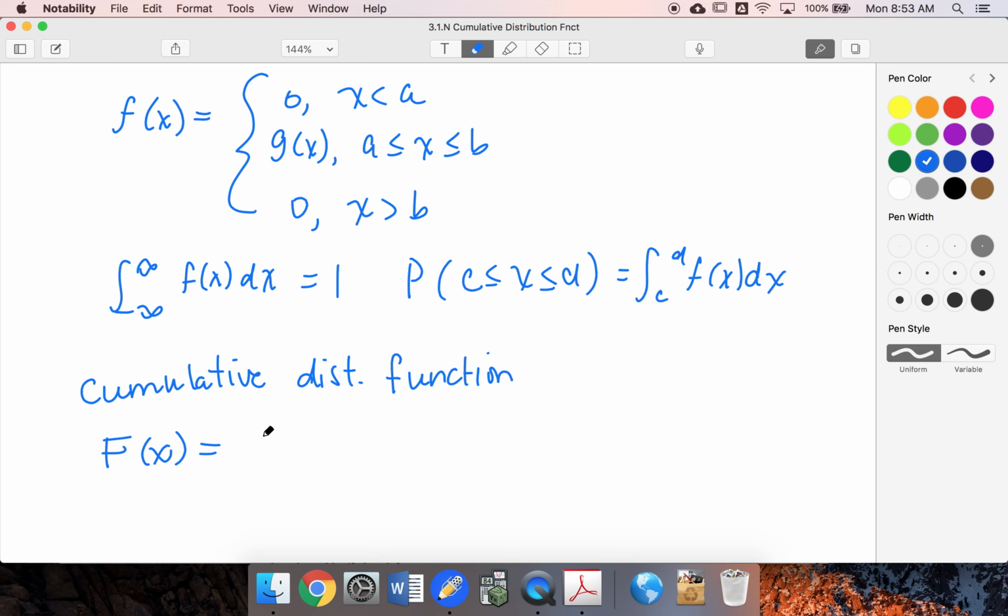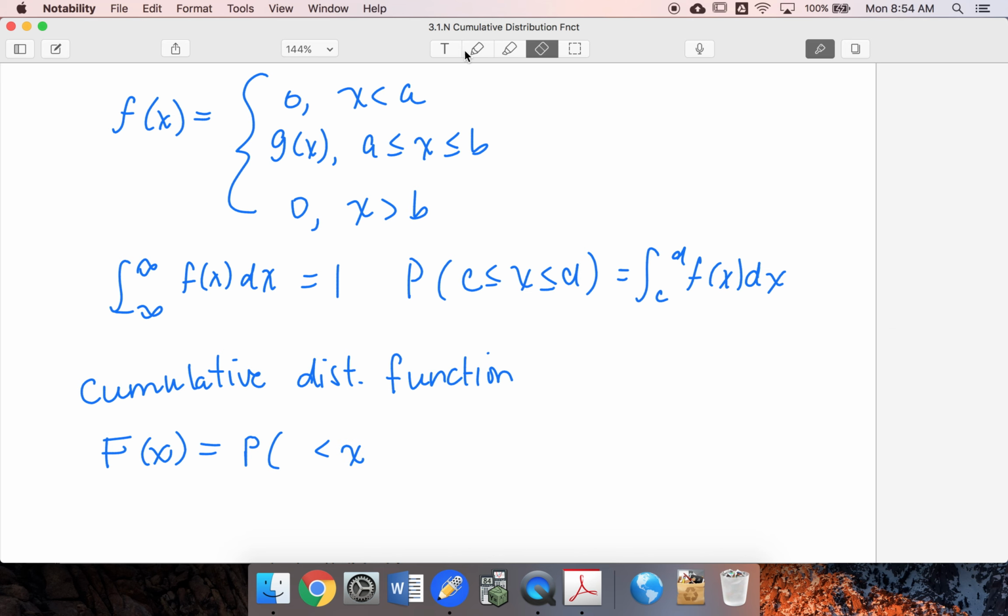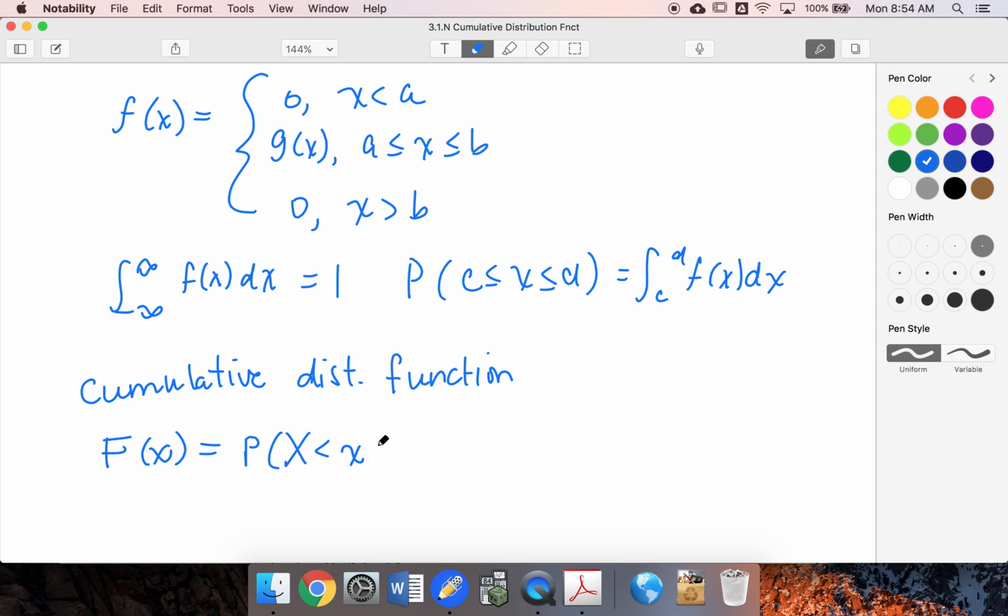And it's the probability that x is less than or equal to, it doesn't actually matter, some certain value x. So here in my notation, this is a capital X, and this is lowercase x for some individual value.